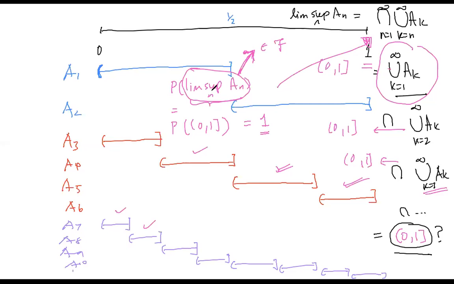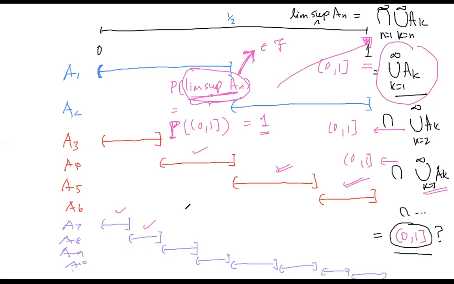You can work out the structure of this kind of sets. Once you work out the structure, then applying the probability measure on it will be quite straightforward. Okay, so this is one example of lim sup.